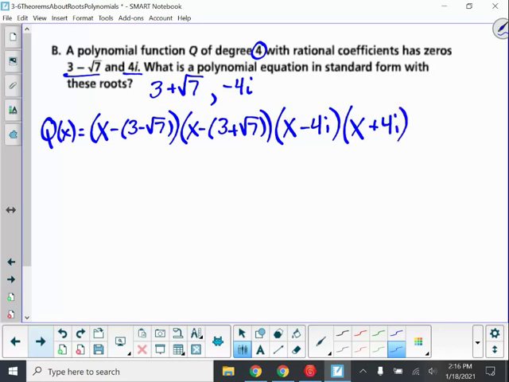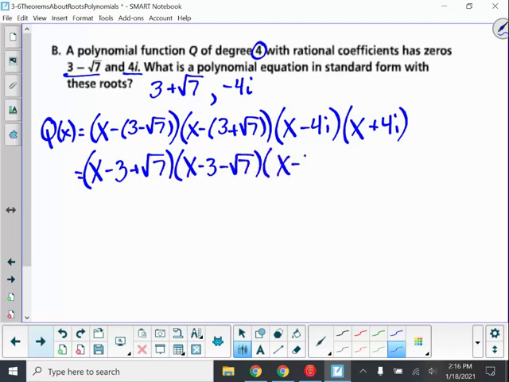So I am going to distribute the minus so that I have that taken care of. And then I'm going to go through and FOIL. Like we did in the last one, x times x. This will have to stay in parentheses though, because whatever I get, whenever I simplify, I'm going to have to multiply by this one.